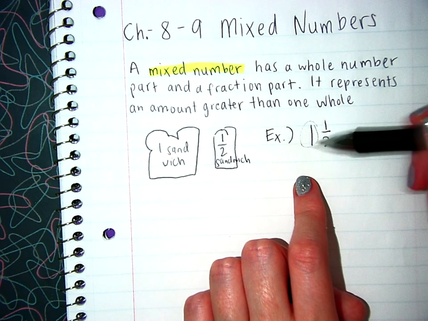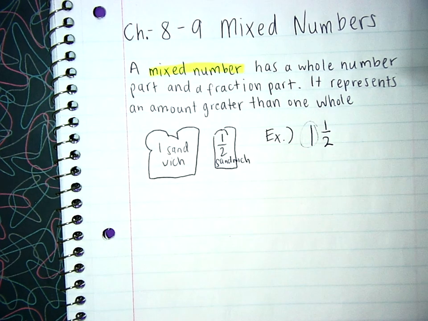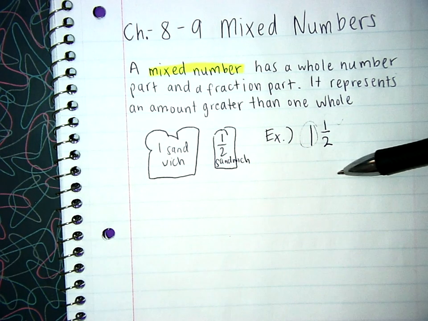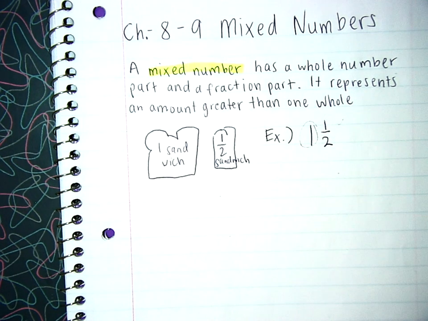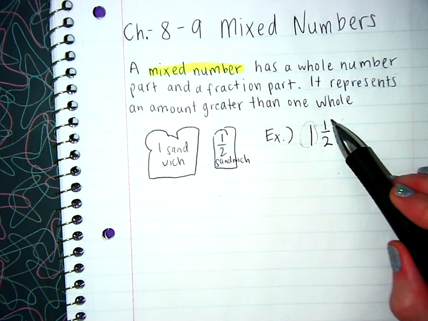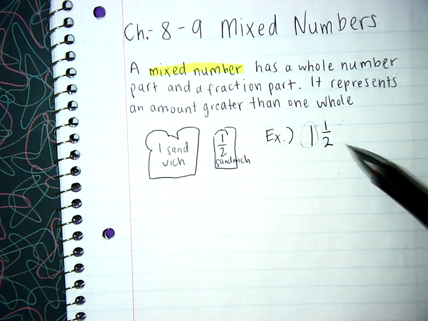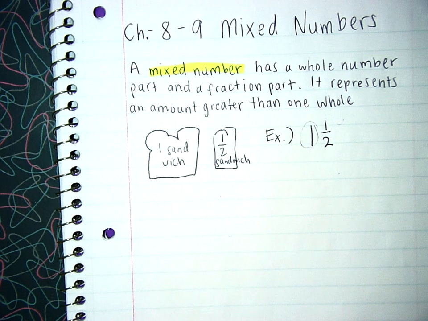So the 1 is the whole number, and then this is the fraction part of 1/2, which represents the half of the sandwich. So as a whole, you have more than 1. It's greater than 1 whole. You have 1.5.